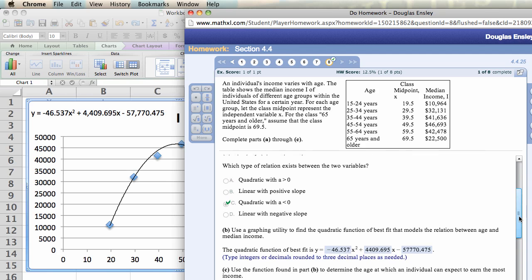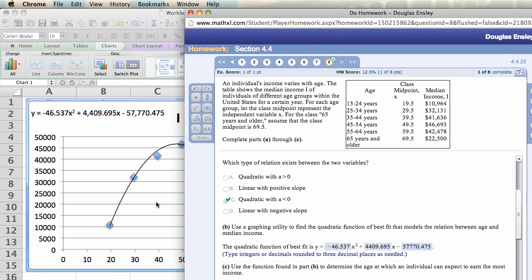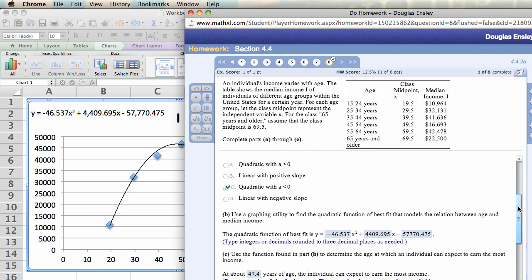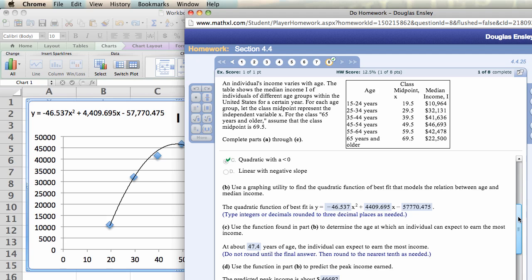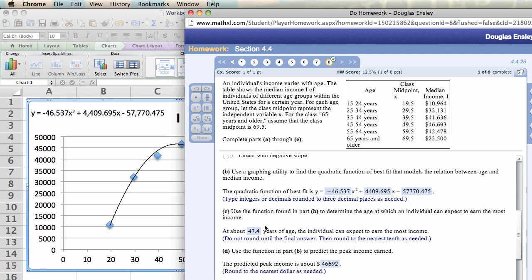Then it says find the best fit model, and so that's what I've done already. That's why I knew what it was going to ask, because I've already done it. I'm just typing these 3 coefficients in from what Excel tells me, and it's going to want each one to 3 decimal places. Next, it's going to ask what the age where you earn the most income is and what that maximum income will be.